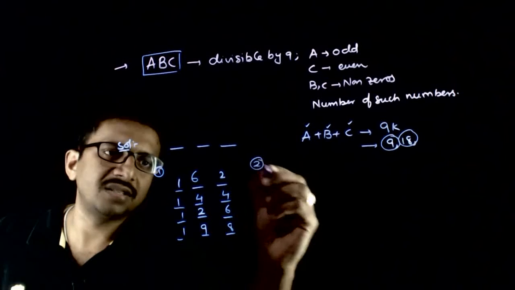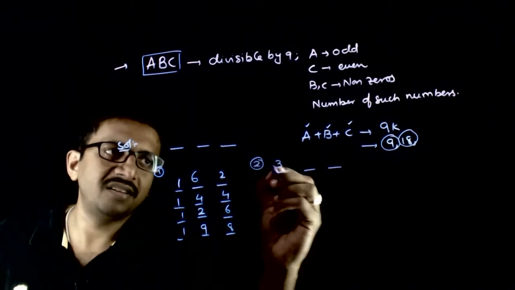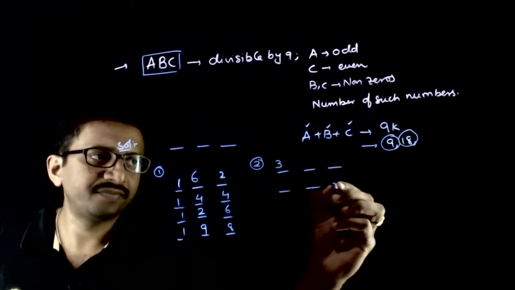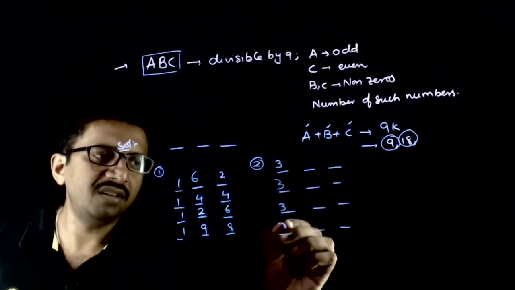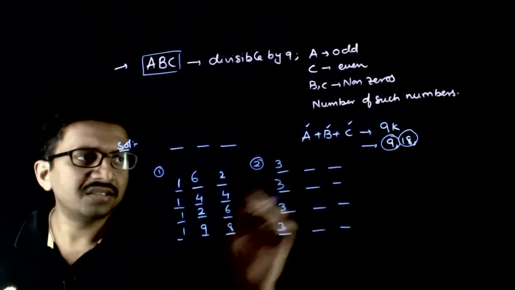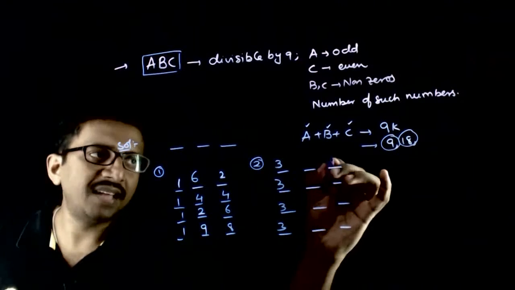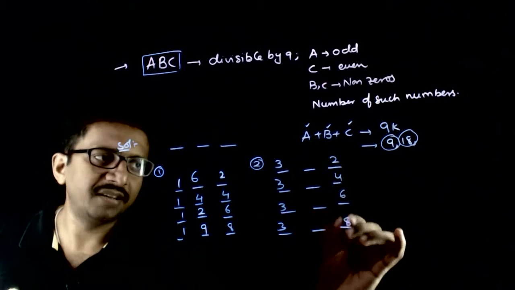So next case, let us go to first digit 3. How many different 3-digit numbers can be formed? If the first digit is 3, the last digit has to be either 2, 4, 6, 8.